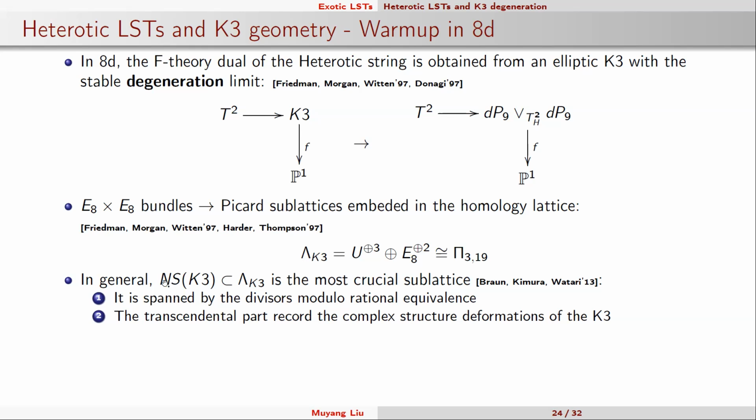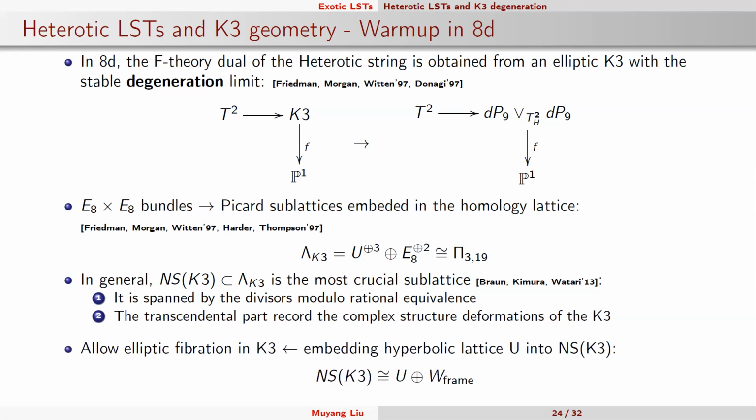The NS lattice part will record the information of divisor intersection forms, and it is spanned by divisors modulo rational equivalence. And the transcendental part will record the complex structure deformations. So namely, if you tilt the transcendental part, it will render different decompositions, or also render different types of Fourier groups.